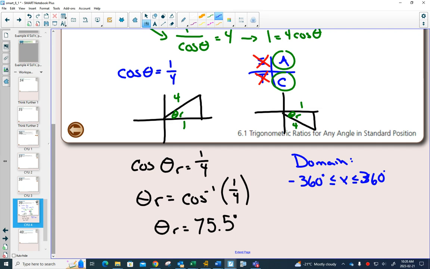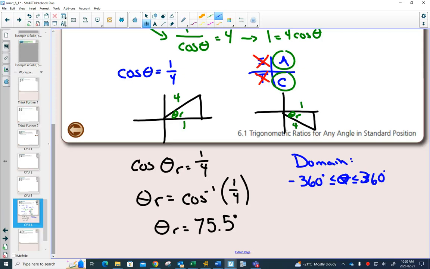This domain, oh, and it said theta, sorry. Theta. This domain, well, does it make sense that once around the circle is 0 to 360 in the positive direction? And once around the circle in the negative direction would be from 0 to negative 360 degrees. So when I'm thinking about domain with trigonometry and angles, I like to think about my positive angles and my negative angles separately.